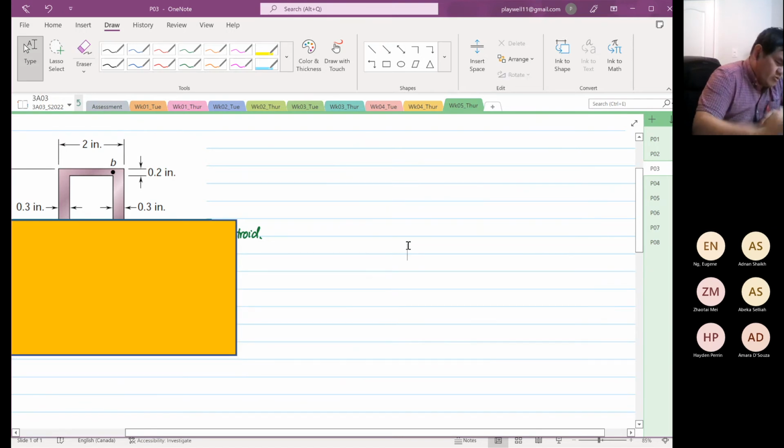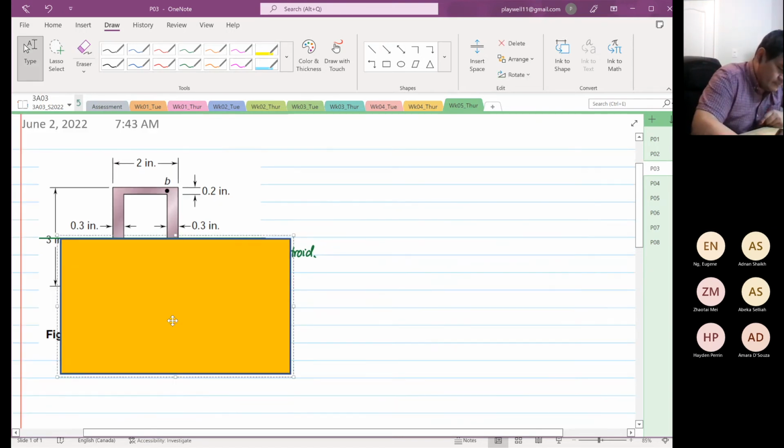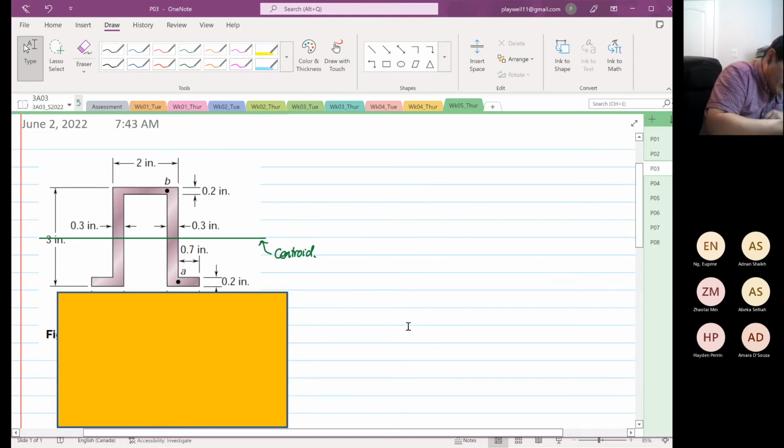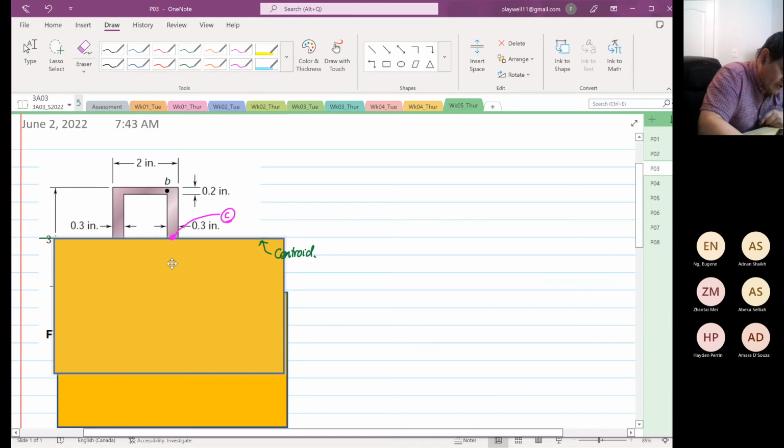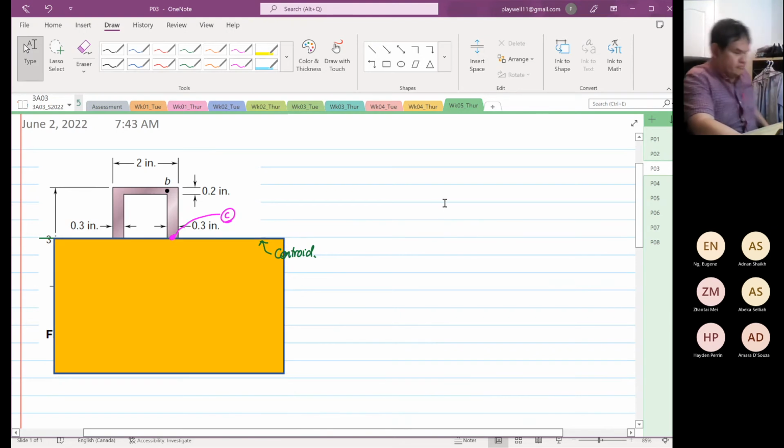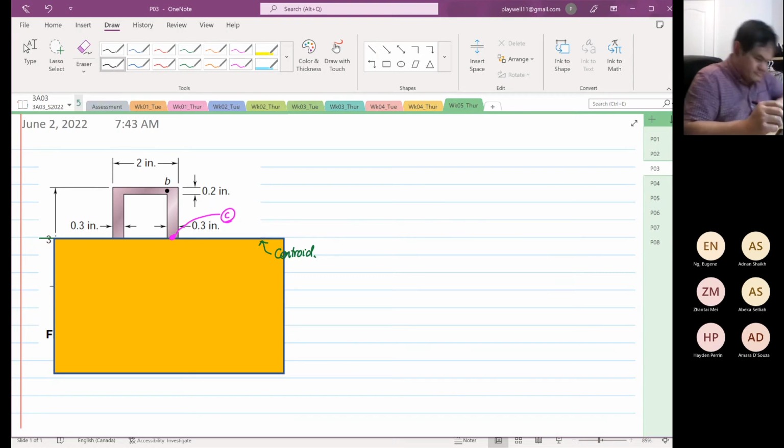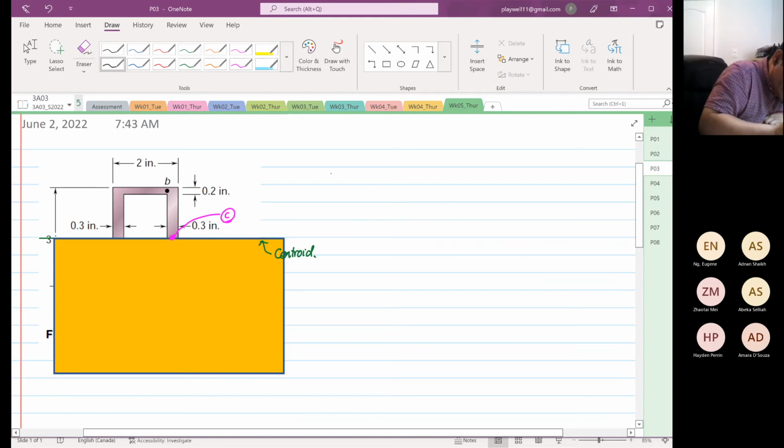Okay, so I'm going to call this point point C. We're going to find at point C what is our first moment of area or our shearing stress. So we are going to find the shear stress at point C. And we know that this is a box beam analysis.